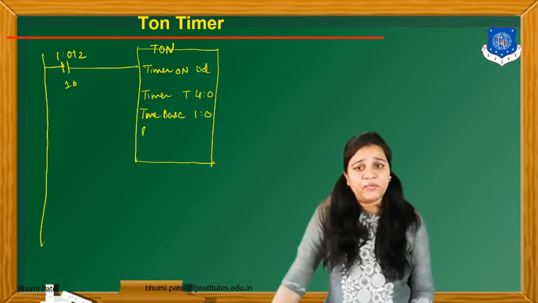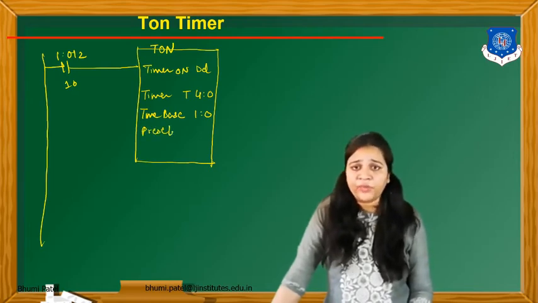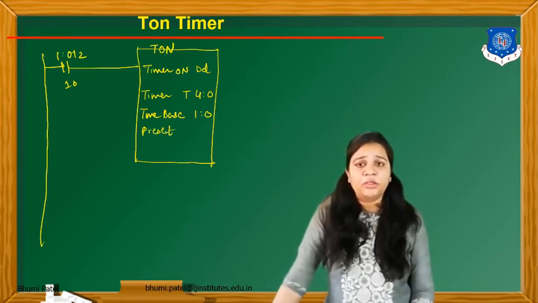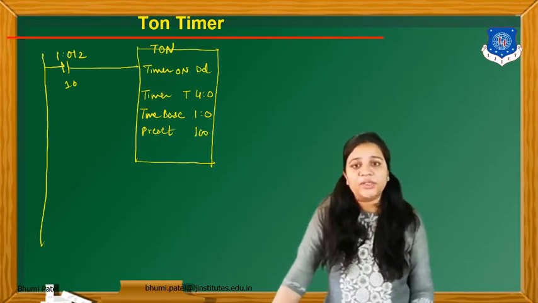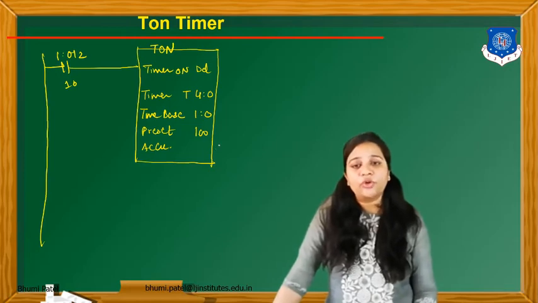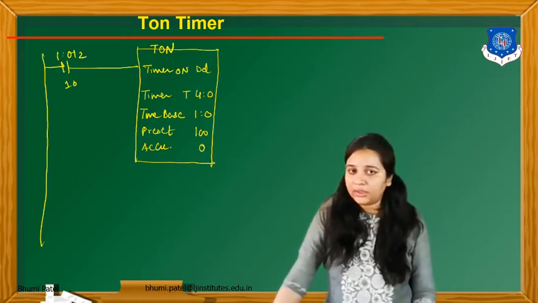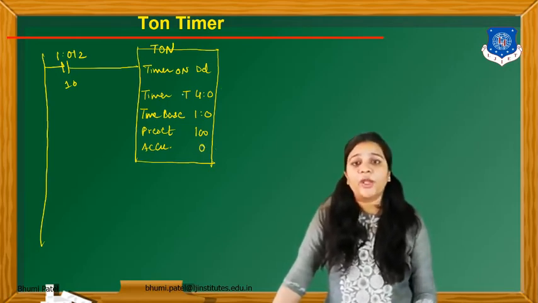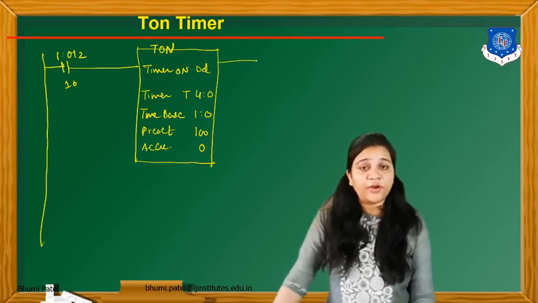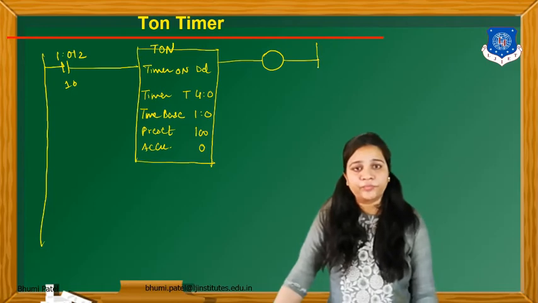After that we write the preset value, that is, after how much time my output will be on. Suppose we write the preset value 100, and whenever the input is not energized, my accumulator is 0. So this is the format of the T-on timer. After that, we connect the output.